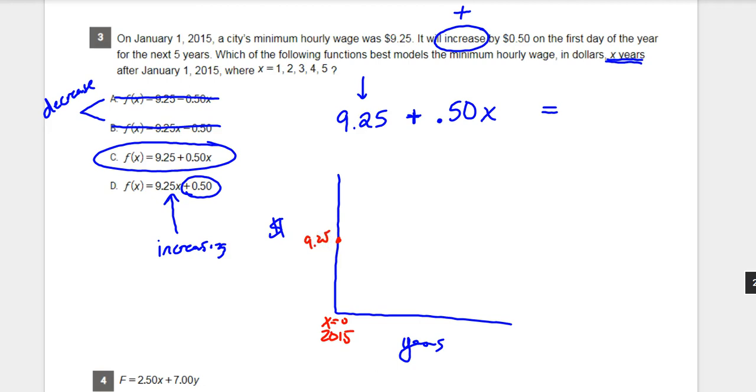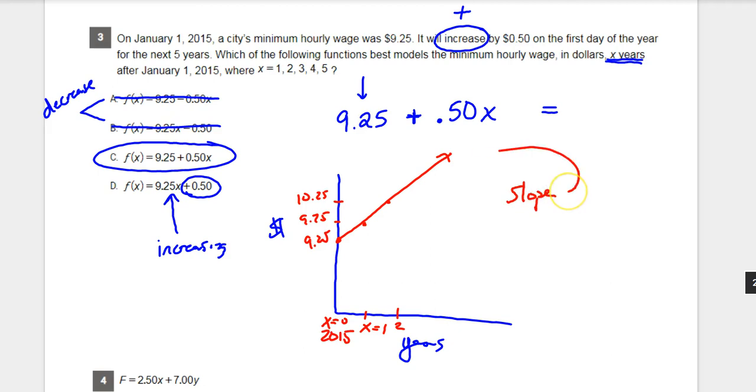And then every year after that, at x equals 1, we're going to go up 50 cents, and you'd now be at $9.75. After year 2, you'd be up another 50 cents, that'd be $10.25, and so on and so forth. So it's a linear function, and the slope is your rate of change.